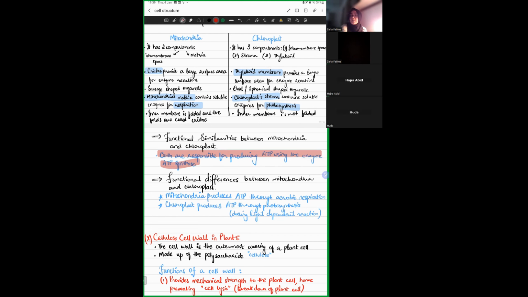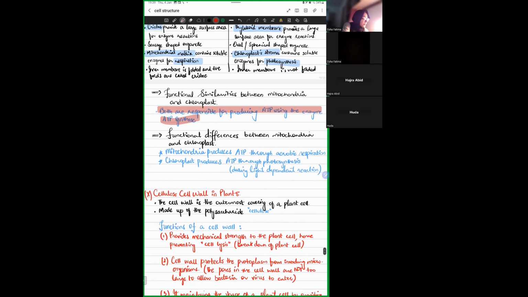Why is this a functional similarity? Because ATP production is a function, it is a process, it's a reaction. Okay. What is the functional difference between mitochondria and chloroplast? Mitochondria produces ATP through aerobic respiration. The process which is taking place inside a mitochondria is what? It's aerobic respiration. So the ATP being made inside a mitochondria is a result of aerobic respiration.